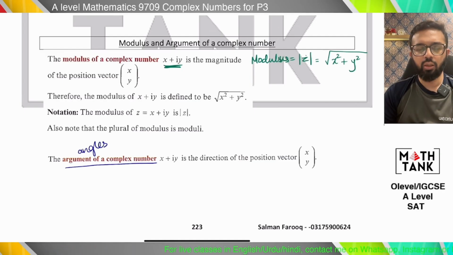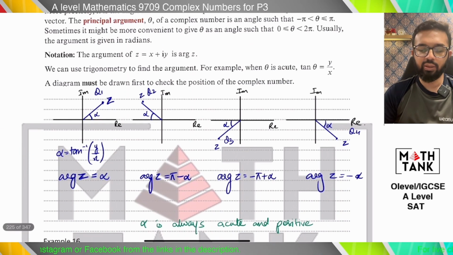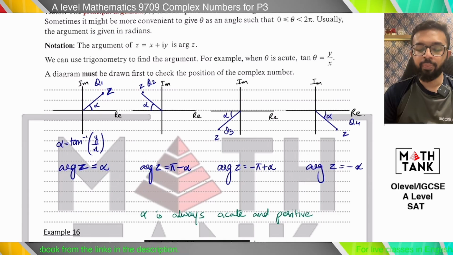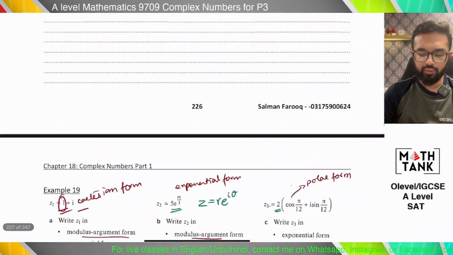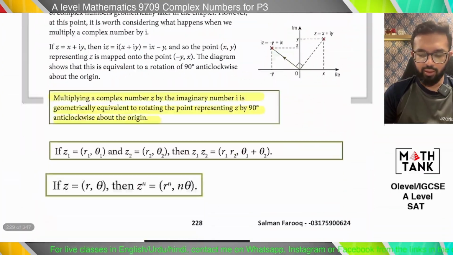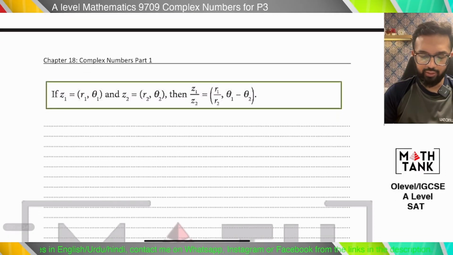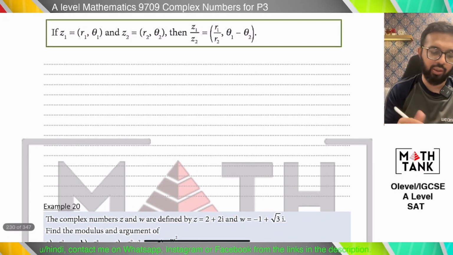If you take the complex number to be a point representing the coordinates x comma y, then modulus of z is root of x squared plus y squared, and the argument of a complex number is the angle that it makes with the x-axis. Depends on the quadrants. We've done the rules before, so I'm going to just write down another set of rules for you here, and then we are going to apply it to some questions.